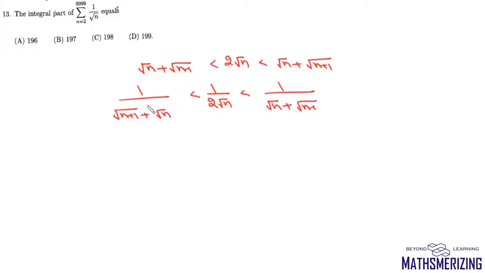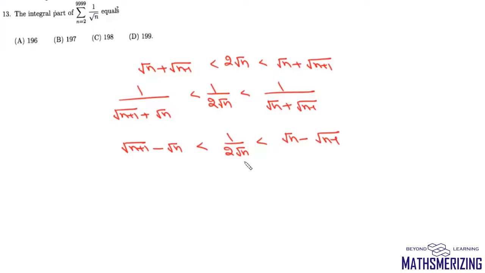Now we'll multiply with its conjugate. We can write under root n plus 1 minus under root n is less than 1 upon 2 root n, and it is less than under root of n minus under root of n minus 1.